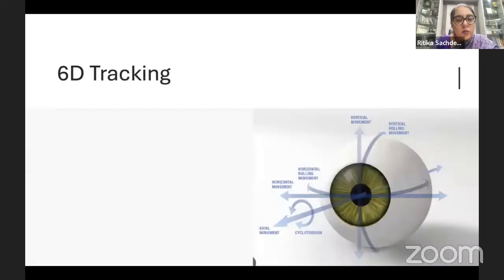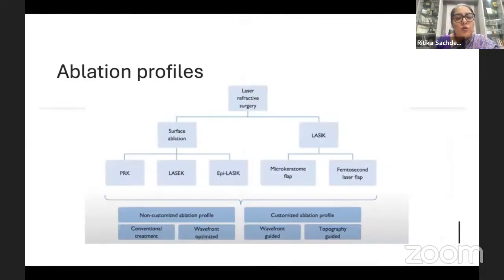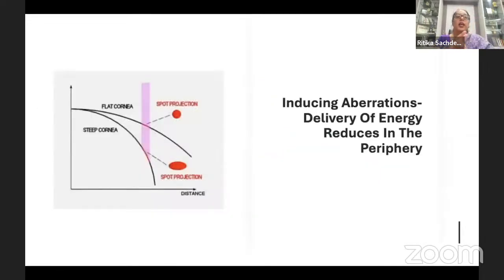Once all this was possible, we then moved to the wavefront guided laser profiles. Now, wavefront optimized and wavefront guided depend on the knowledge of the aberrations of the eye, but they are different. Why are they different? It is because when you are ablating the cornea, the rays of the excimer that meet the cornea in the central portion are more circular, and they fall in a more oblong pattern in the periphery, leading to loss of fluence.